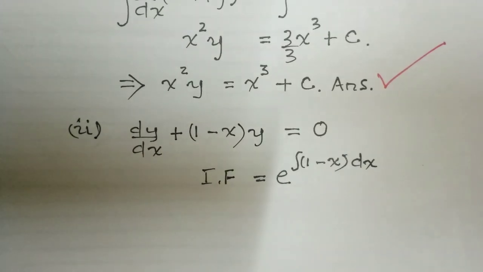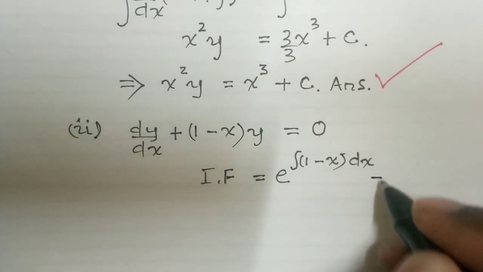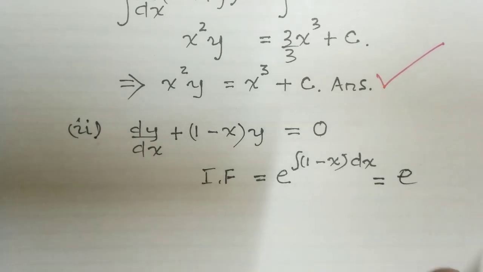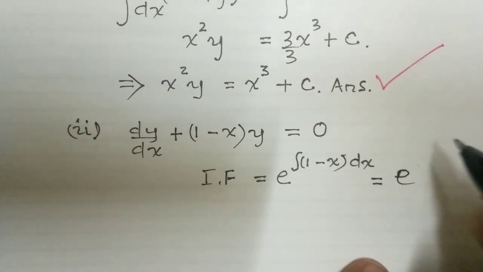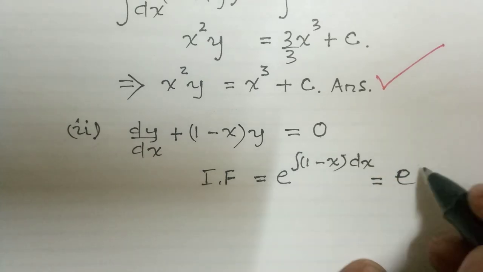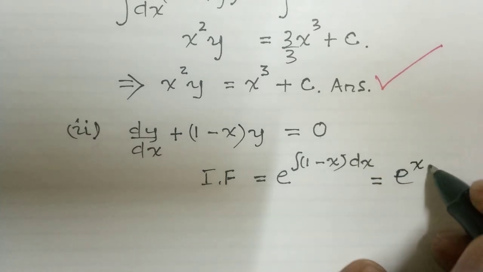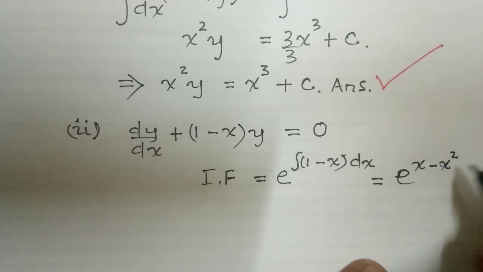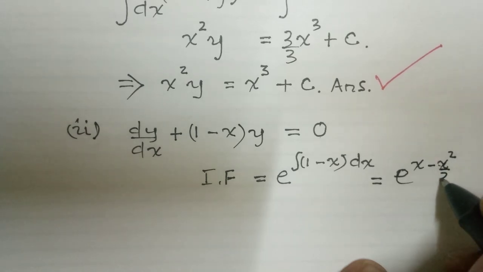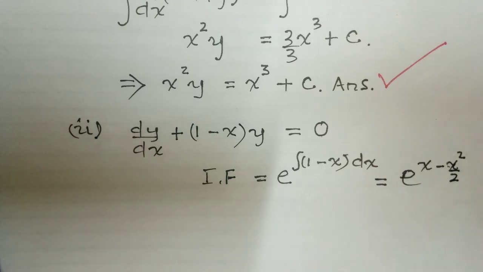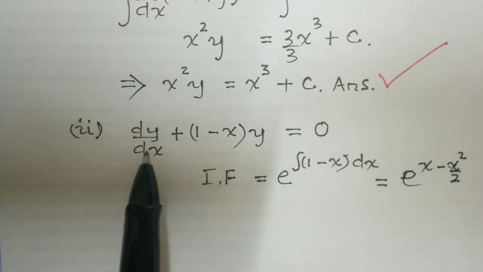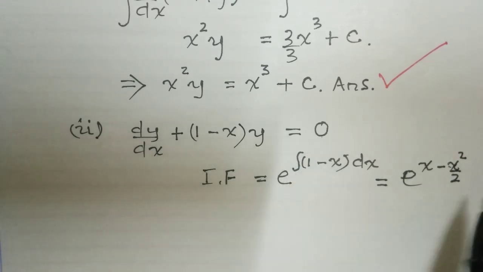So this one is going to be e raised to, the integral of 1 is x, minus x squared all over 2. So that is going to be our integrating factor. So we come here and multiply every side with that one.